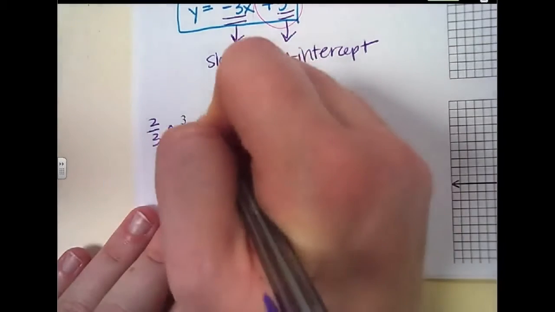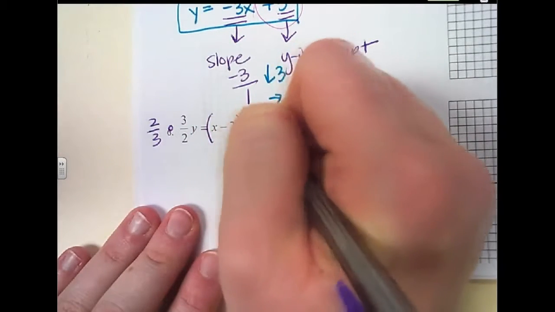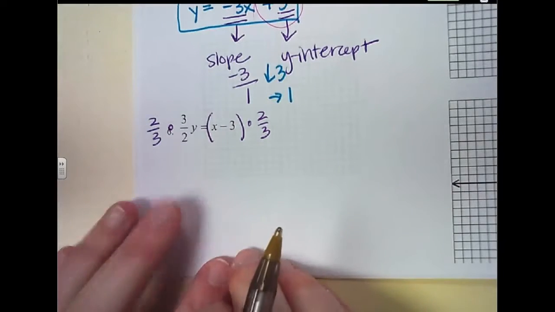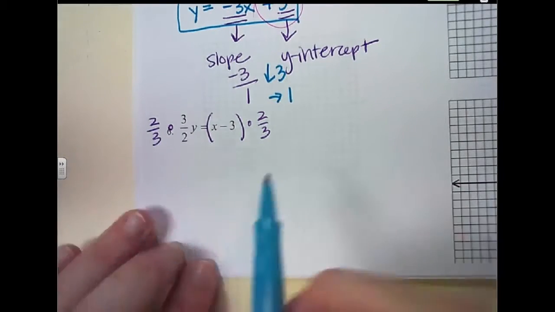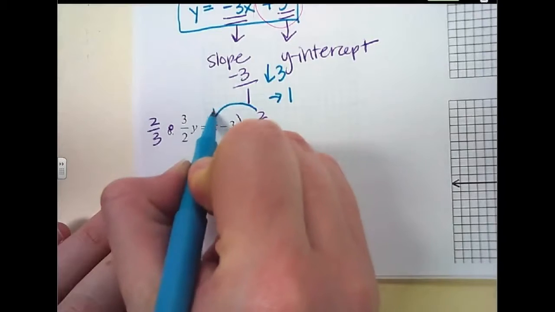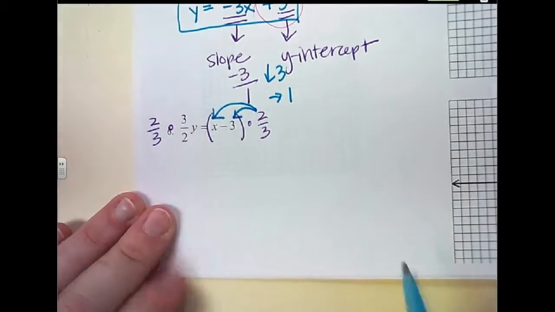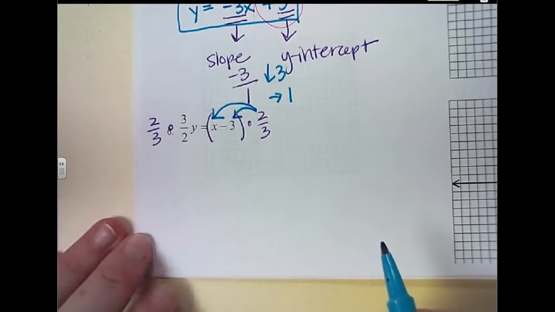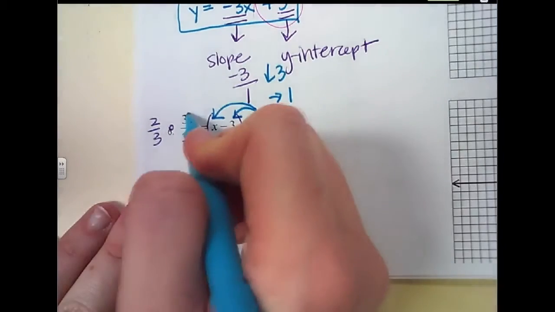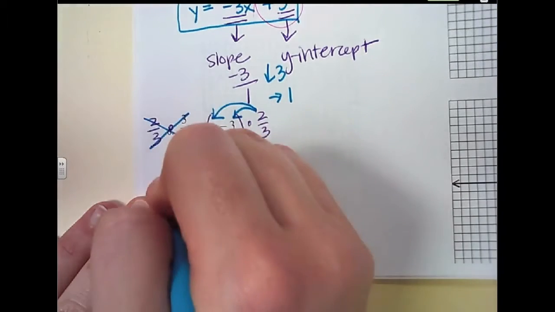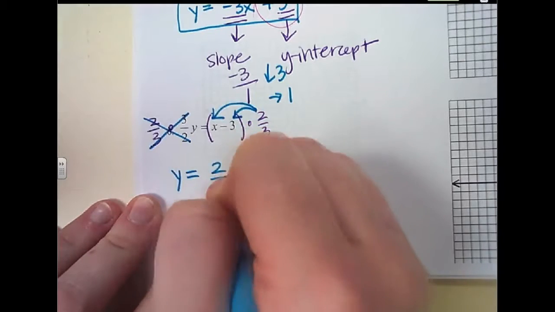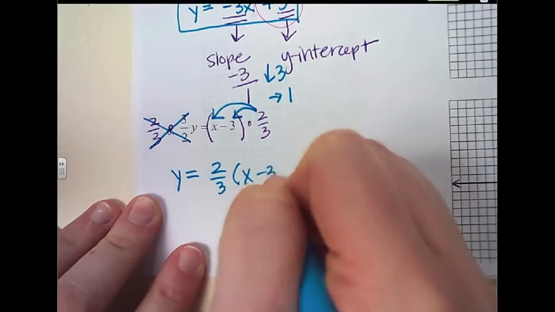That means on the other side, I'm multiplying by the reciprocal also to the whole thing. So maybe give yourself a note here. This 2/3 has to go to both of these things. So on the left-hand side, it's gone. It cancels out. So I just have y equals, and I'm going to put the 2/3 in front so you can see what it looks like.